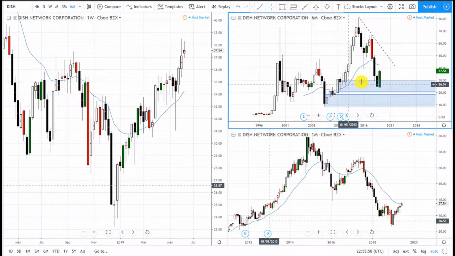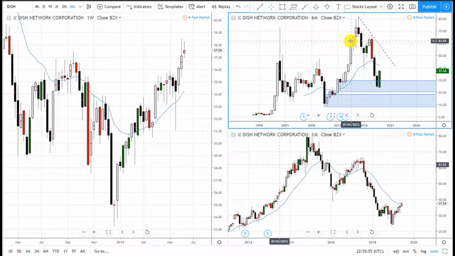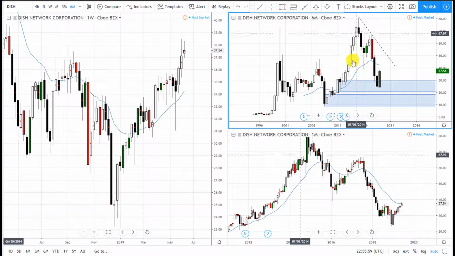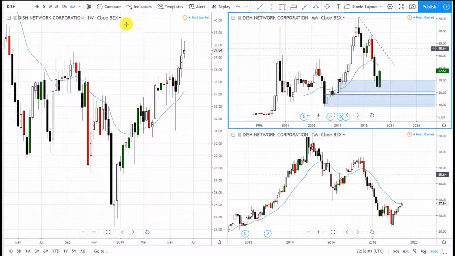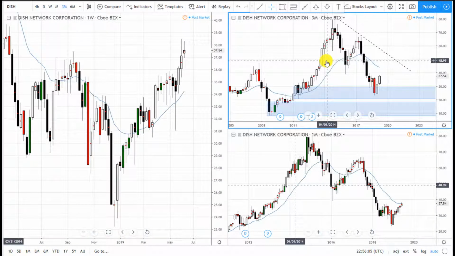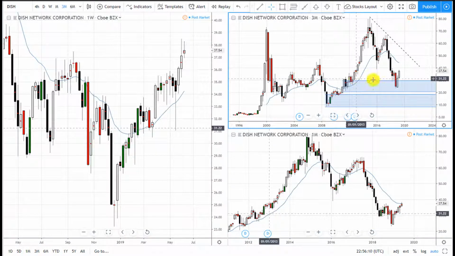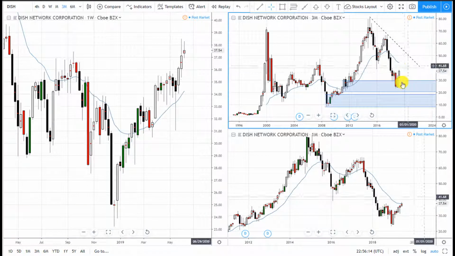And this one is demand because if you look, there's 1, 2, 3, 4 6-month candles that have been rallying. So yeah, it is in the demand zone if you look at higher time frames. But on the 3 months, these are the demand zones just because they are within that 6 months. So yeah, this is why price is rallying.